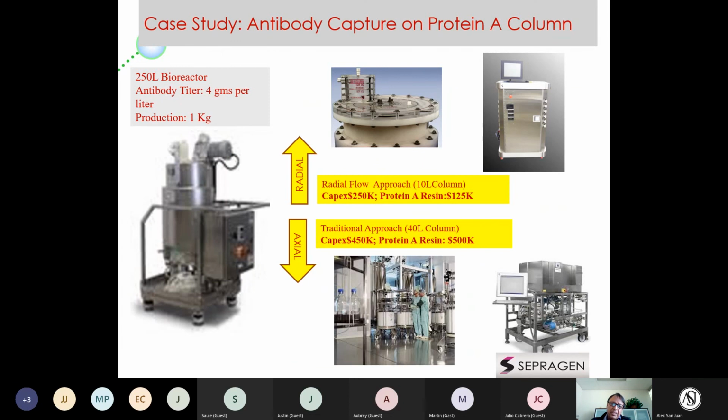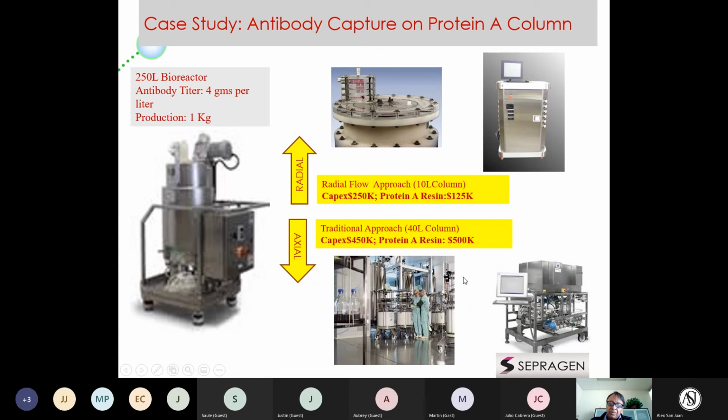And this is where I was saying that, in this clinical production of phase 2 material, I believe it was for an antibody, where they were going to make 8 or 10 campaigns, they were using a 40-liter column and this kind of a machine, a 40-liter axial column.